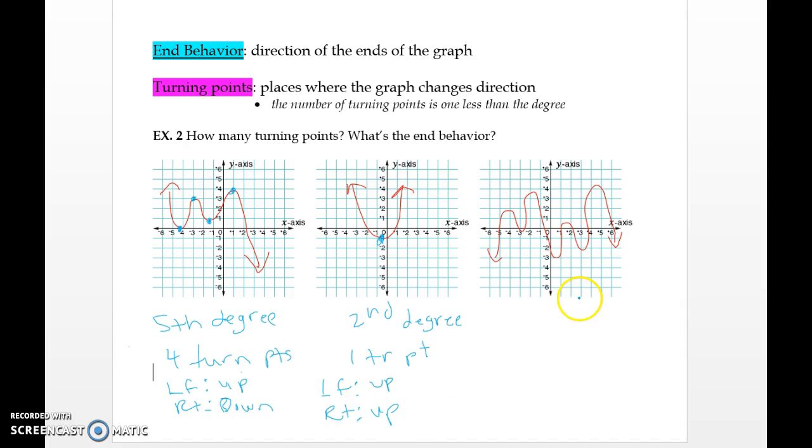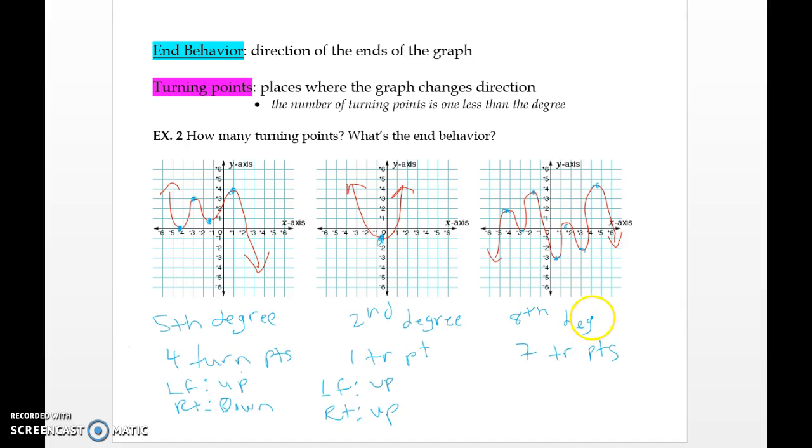If we look at this last one, we have a turning point here. 1, 2, 3, 4, 5, 6, 7. We have 7 turning points. This is going to be an 8th degree function.